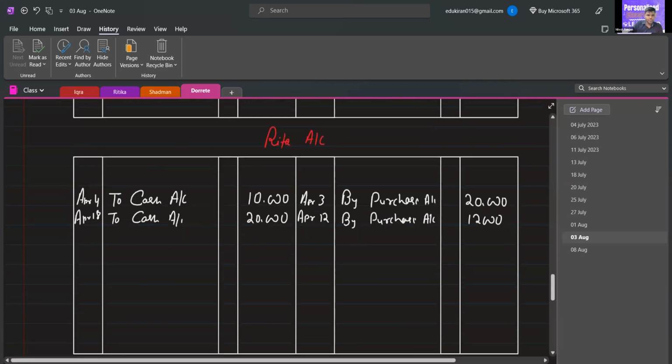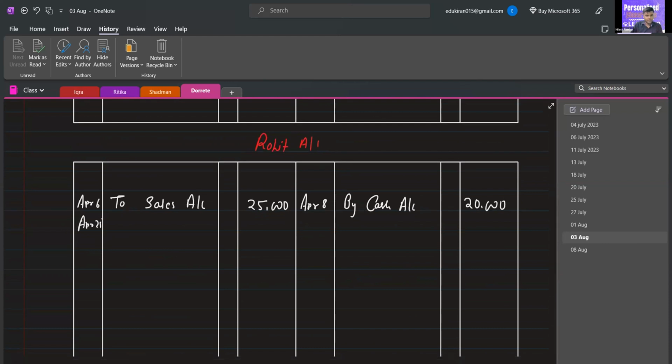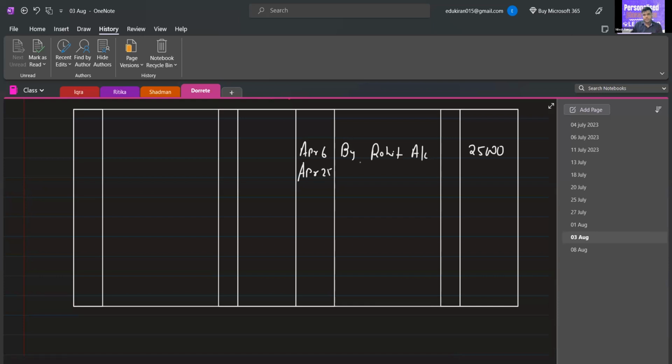The next is goods sold to Rohit again. So April 25, it is to sales account, 10,000. And in sales account, by Rohit account, 10,000.